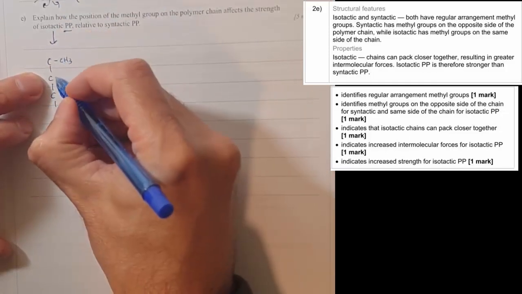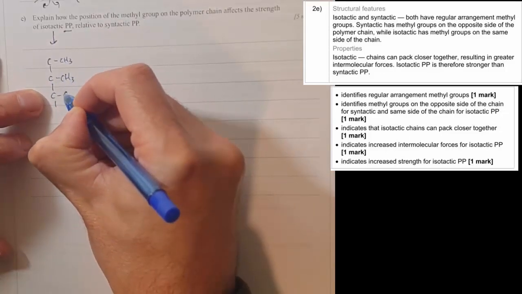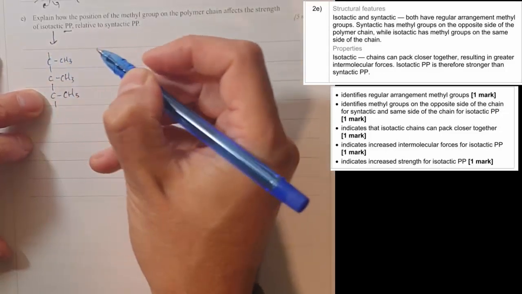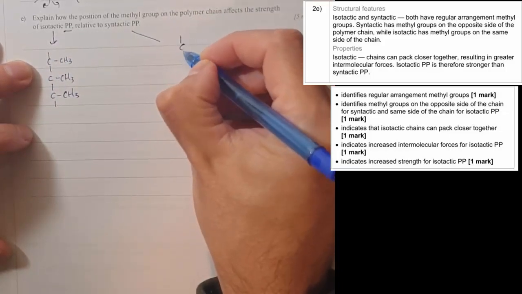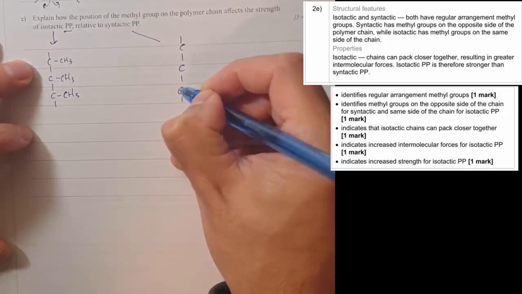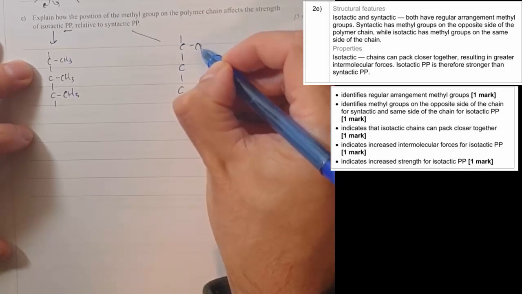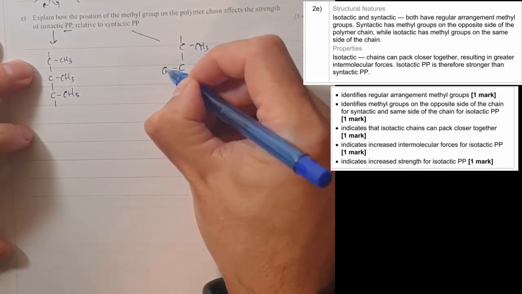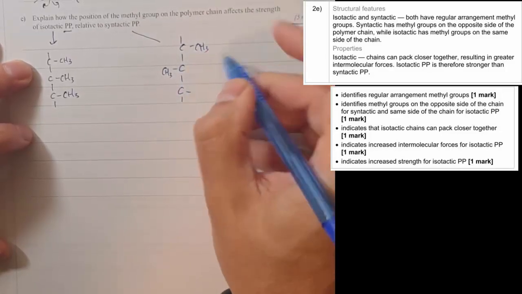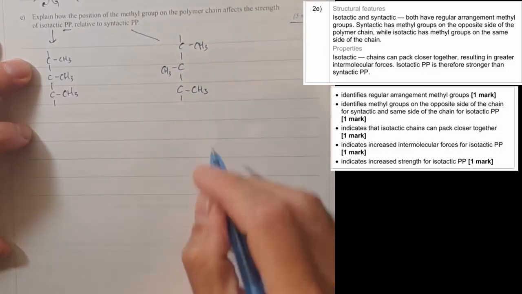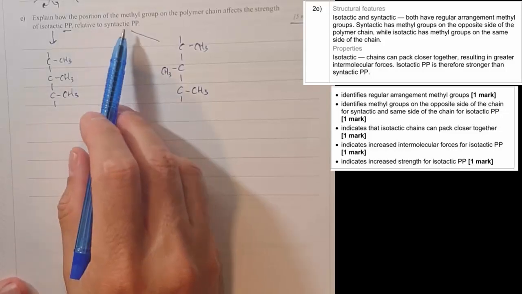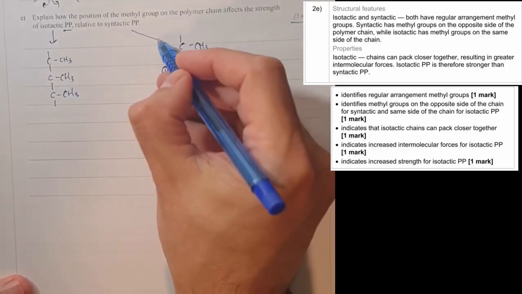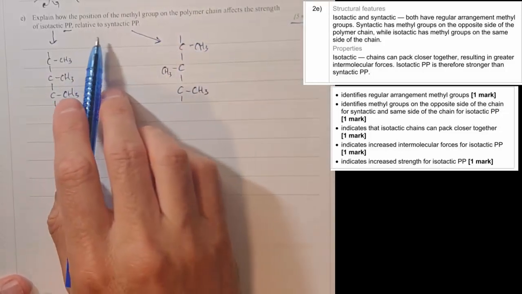So iso is all on the same side. And syndiotactic will be just alternating. 5 marks, it's a bit scary. Don't see how it's going to be worth 5 marks. It's a bit dangerous. So I've labelled it, that's helped, or drawn a picture, that's going to help.